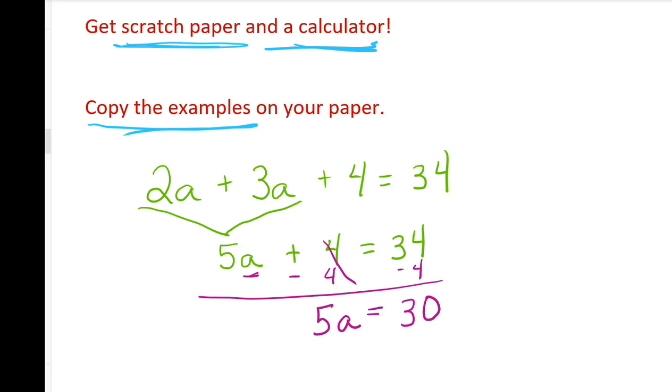This is multiply, so the opposite of multiply is divide. So I divide by 5. 5 divided by 5 leaves me with just 1a. 30 divided by 5 is 6. So a is 6. Our first step was we combined.